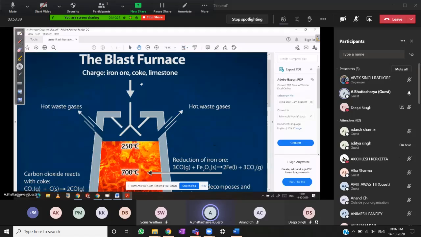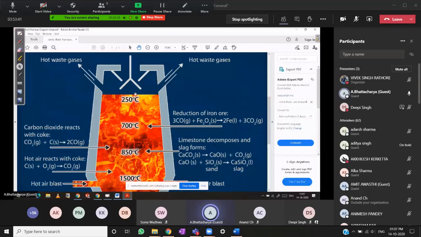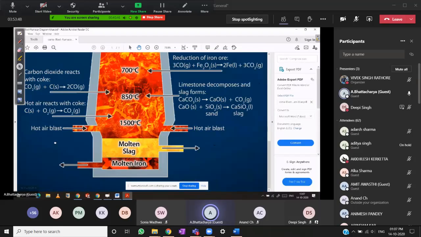And from below, hot air is introduced at around 1000 degrees centigrade. Now where we get that air from, I will show you. So this hot air enters from below, through openings called tuyeres.